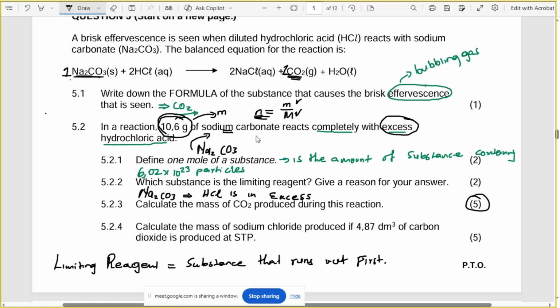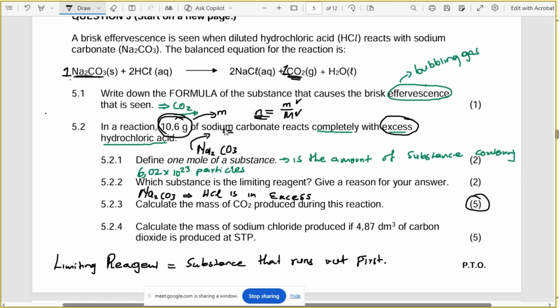The mass of sodium carbonate. You understand? We can use this mass to calculate the number of moles for sodium carbonate, then we use the mole ratio to calculate the number of moles for carbon dioxide. Should I take this step by step?